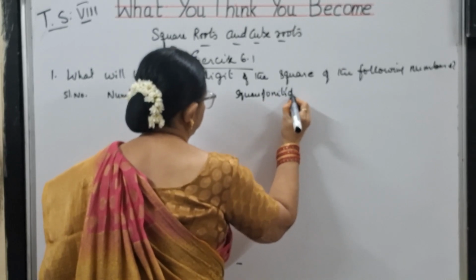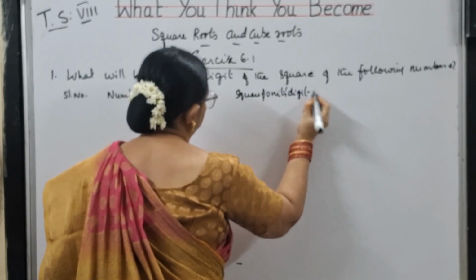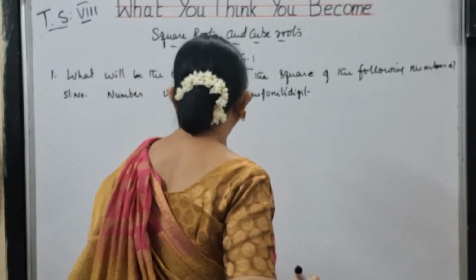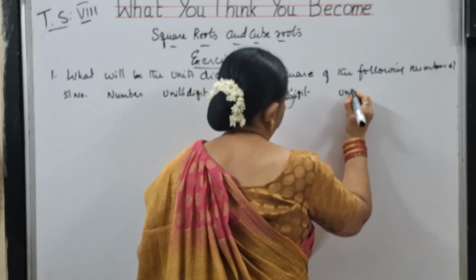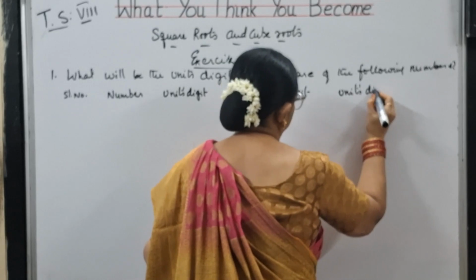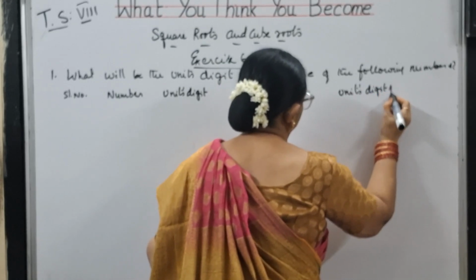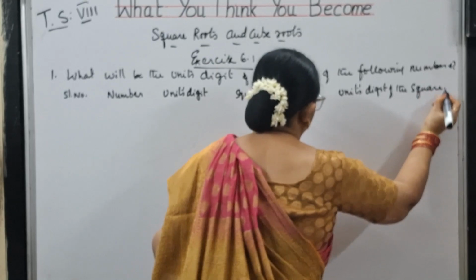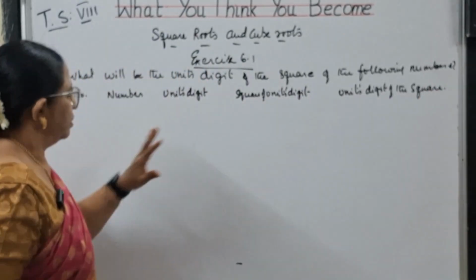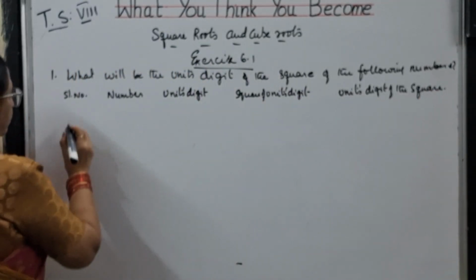In the units digit, if you find square, what are you going to get? And what is the question? Units digit of the square. So as I am doing the sum, you will be understanding how it has to be done.